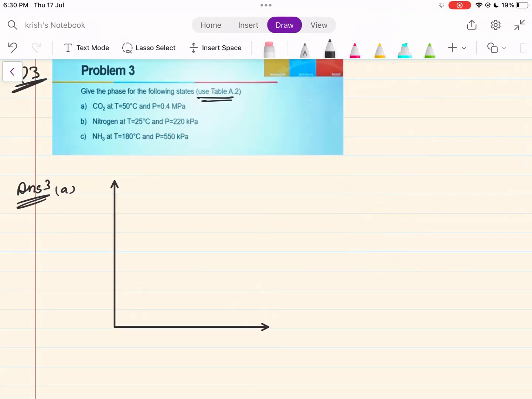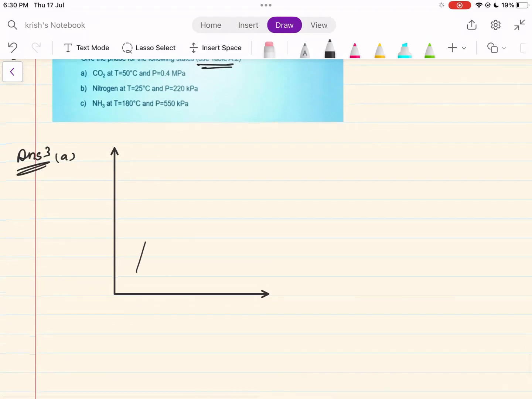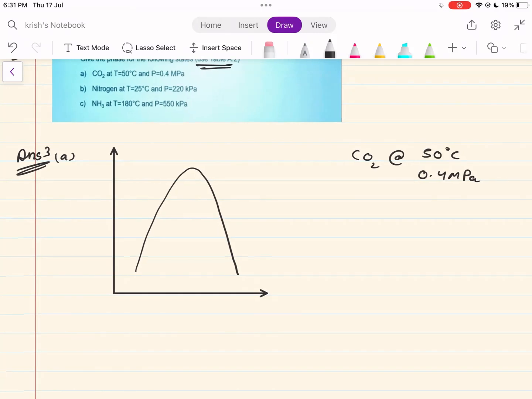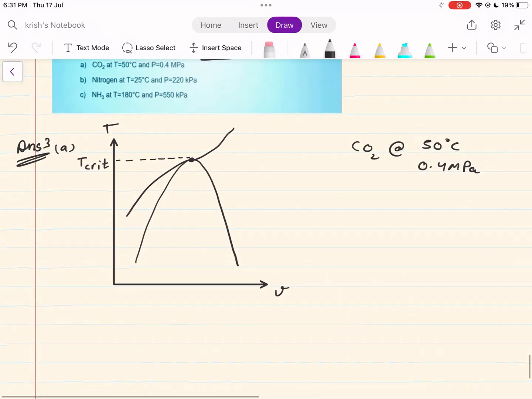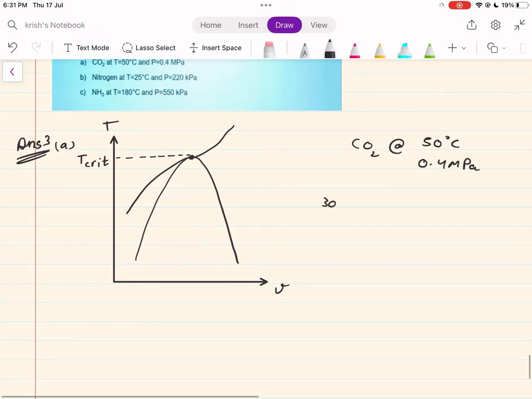So let us just draw the diagram first thing here. Right, this was a critical point diagram that we drew above also. This is T crit.